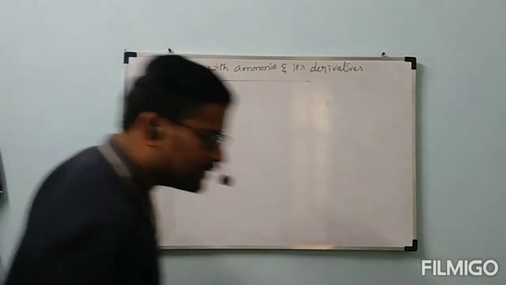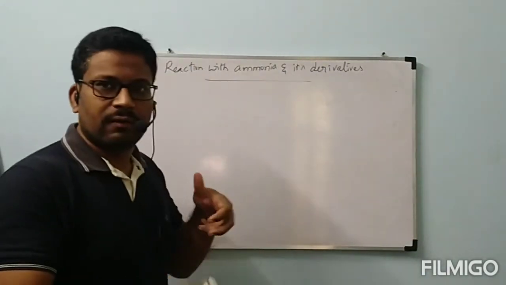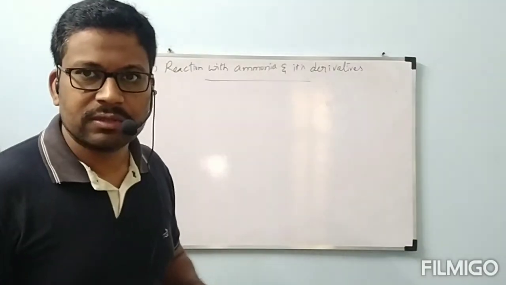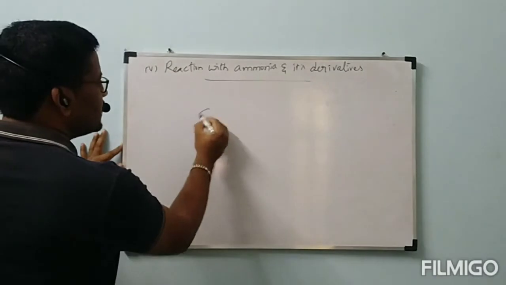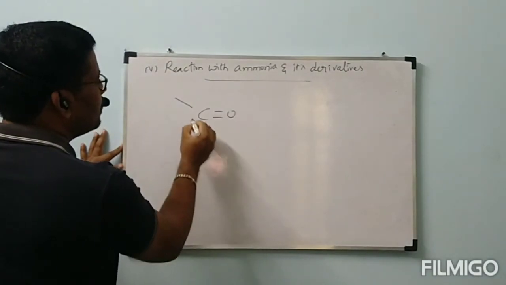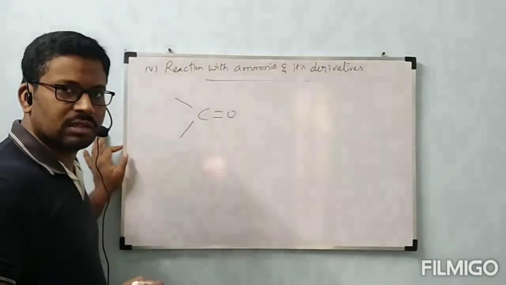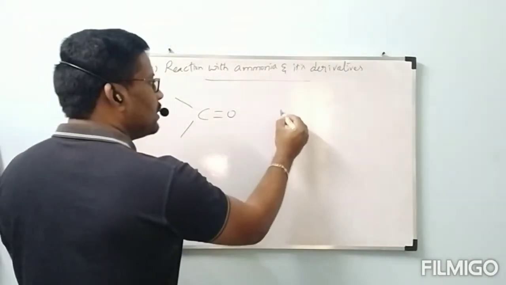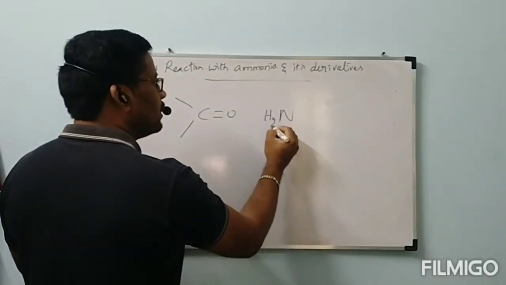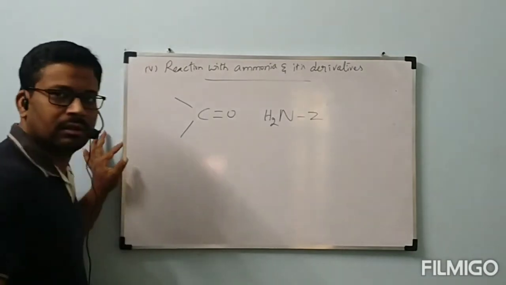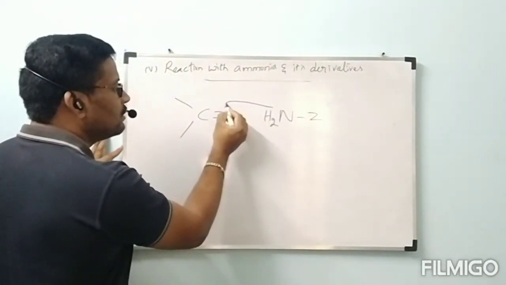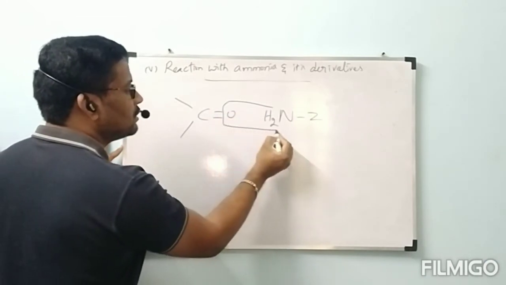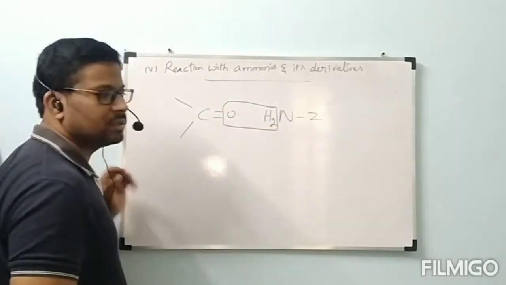This much mechanism, every time we won't write, coming to ammonia derivatives. Simply one technique is there, that is C double bond O. This is carbonyl group. NH2Z: simply two hydrogens and one oxygen will be removed as water.